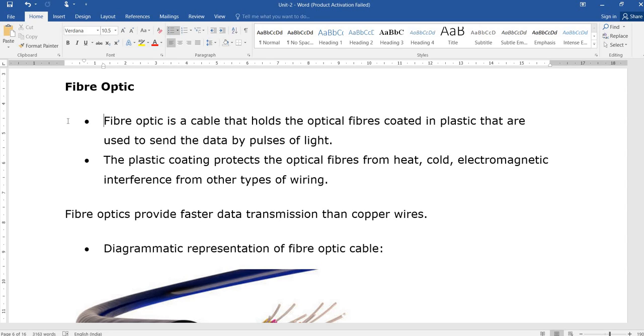So it's needed to protect those things, and the main thing is that it does not get interference. The advantage is that there is no electromagnetic interference in the fiber optic.